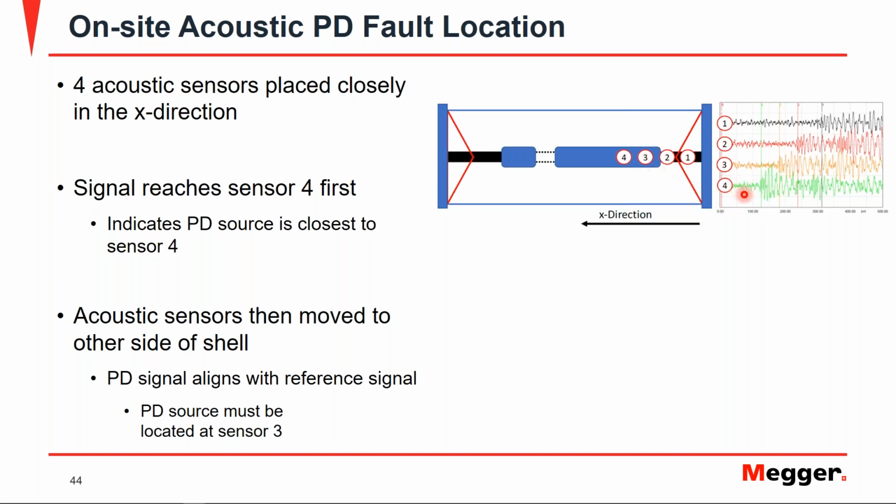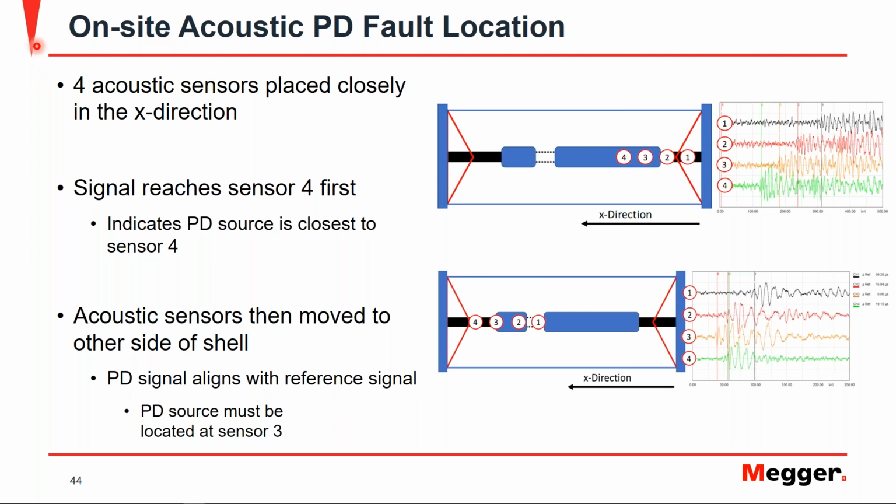Looking at the actual measurements, we can see that sensor 4 actually received the acoustic measurement first. So we have 4, 3, 2, 1 in that order as to what the acoustic signal reached. So we can determine that the PD defect must be downstream in the X direction as it reached sensor 4 first.